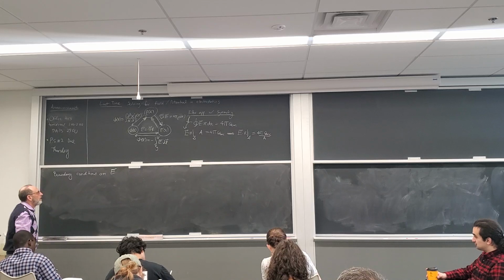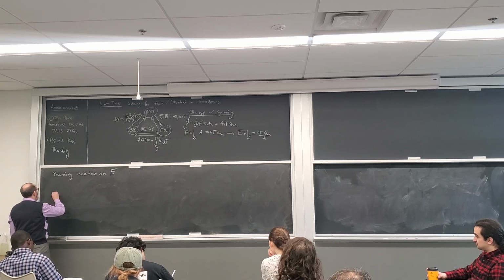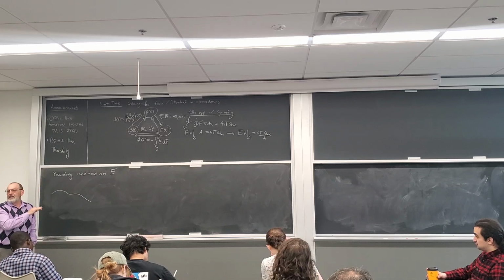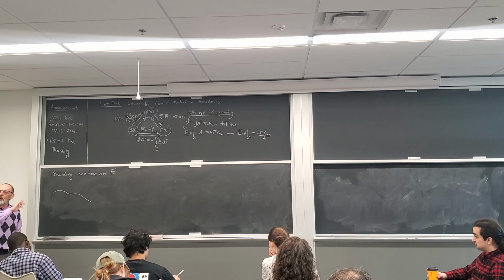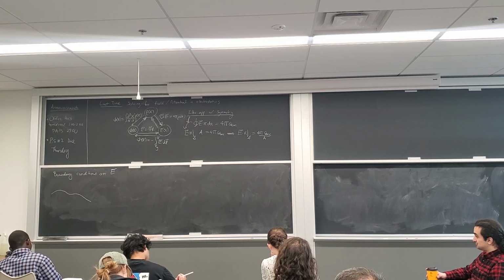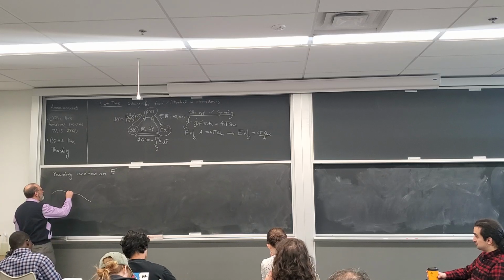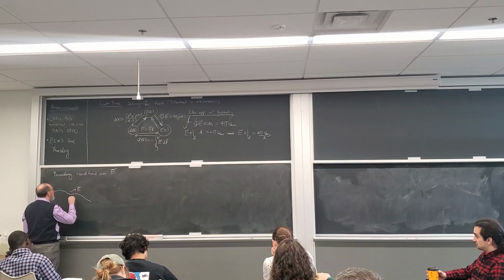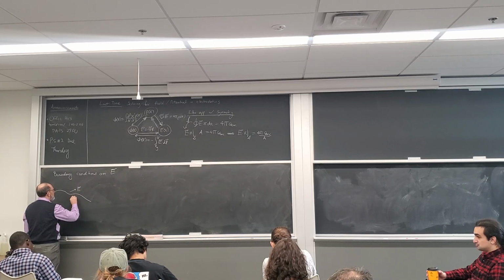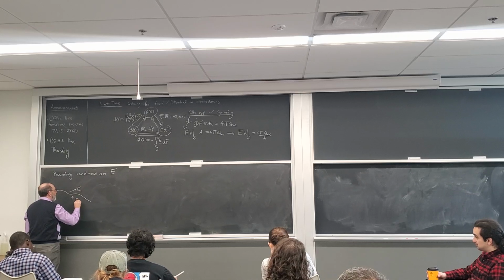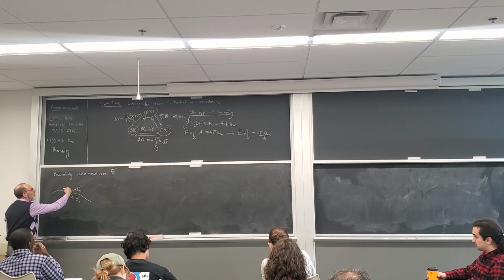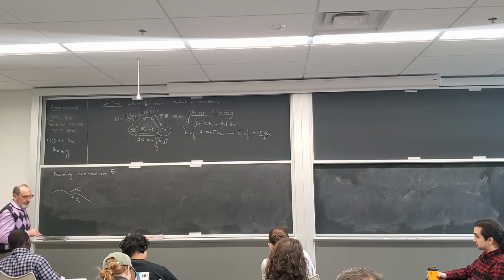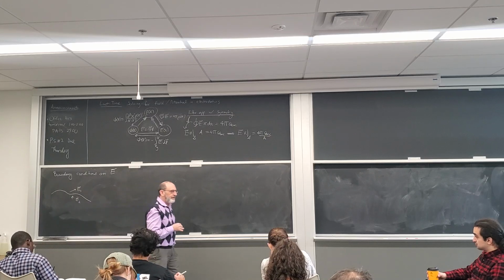Okay, so if I have some surface, coming out of the board here, it could be an imagined surface or the surface of some piece of material, and I have some electric field on one side of the surface and some electric field on the other side of the surface. And I want to know the continuity or discontinuity of the electric field across the surface.